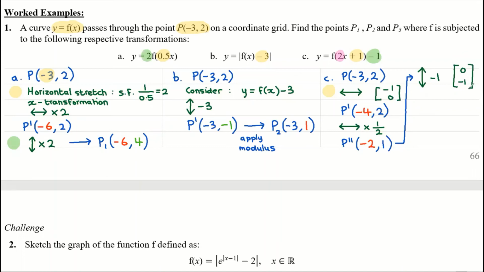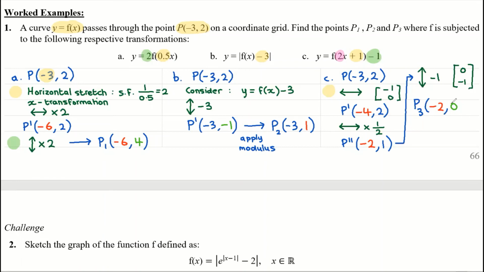Okay, so it's as you would expect in the y direction. If it's -1, that's exactly what you do. You're going to take 1 off the y coordinate. So that's going to give me my P3. So my P3, I just have to take 1 away from the y coordinate. So I'm going to keep the -2, and the y coordinate will become 0, just taking 1 away from 1.